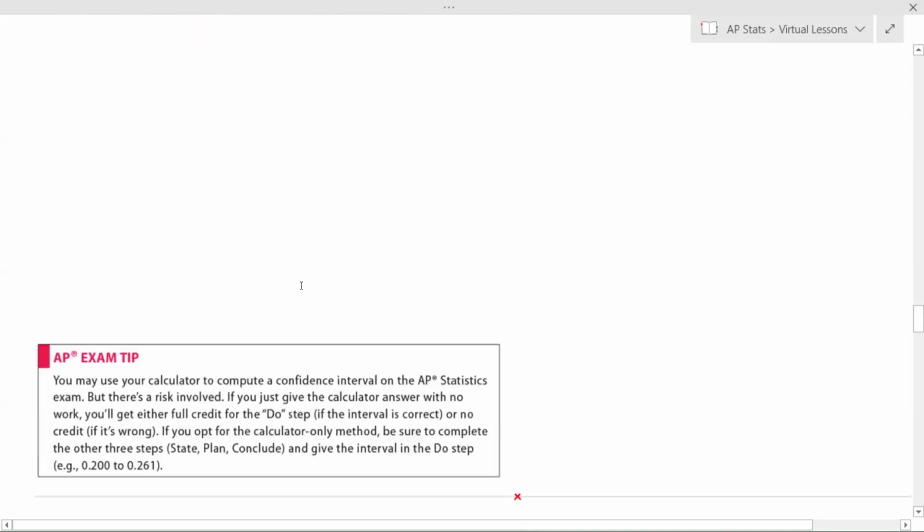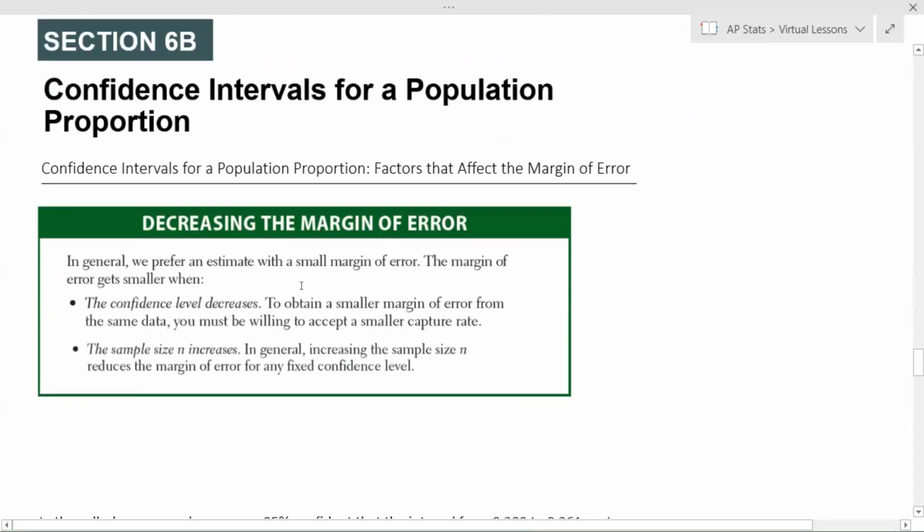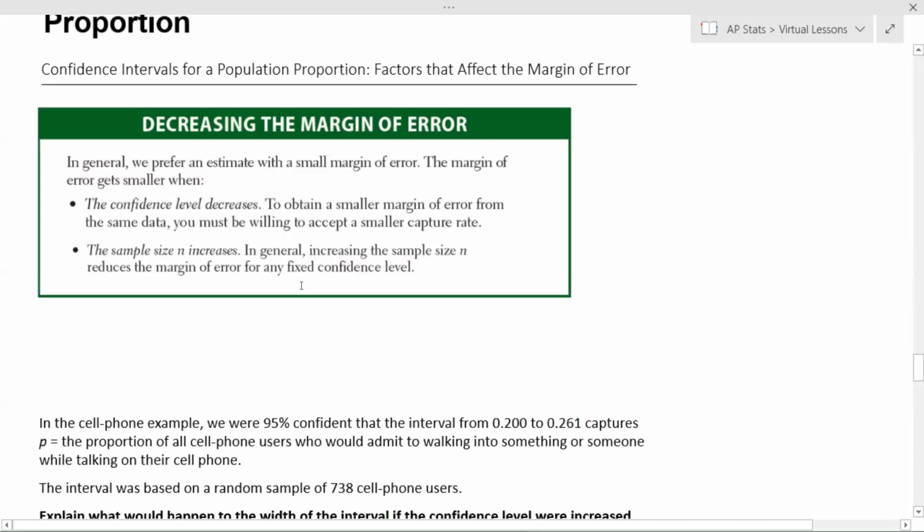Okay. All right. So let's jump into part two here, where we're going to talk about factors that affect the margin of error. So in general, we prefer narrow confidence intervals. In other words, the intervals with the smallest margin of error. So to reduce the error in confidence intervals, we can look at two different factors: the size of the sample and the confidence level.